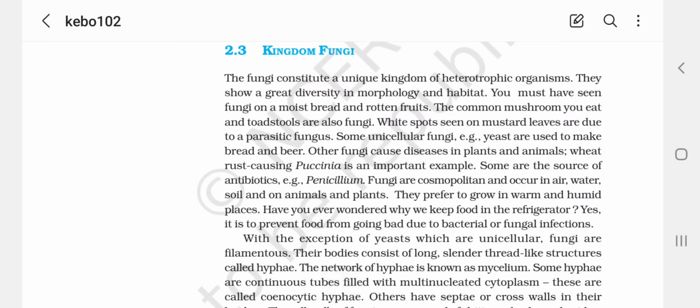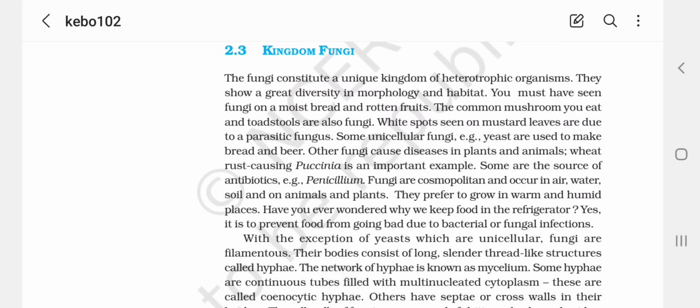White spots seen on mustard leaves are due to a parasitic fungus. Some unicellular fungi, example yeast, are used to make bread and beer. Other fungi cause diseases in plants and animals. Wheat rust causing Puccinia is an important example. Some are the source of antibiotics, example Penicillium.